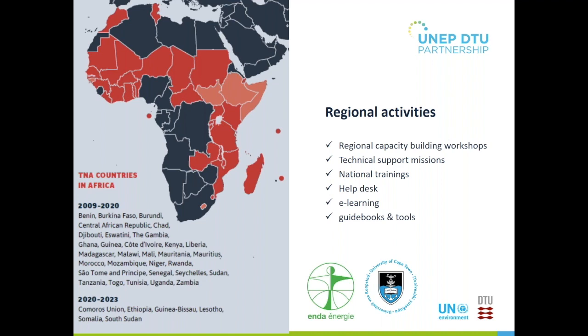Then we have technical support missions done by the regional centers who visit the countries and work with the teams in the countries. We have national trainings, and we also have a help desk, e-learning, guidebooks and tools, which are all available through the project website.